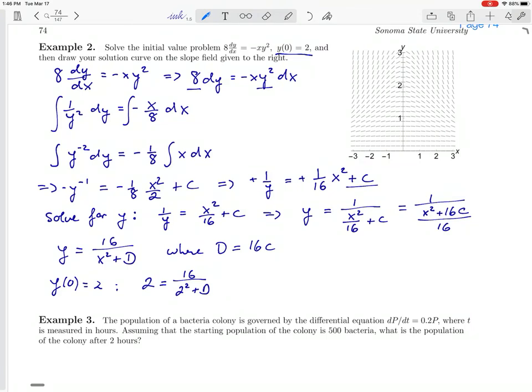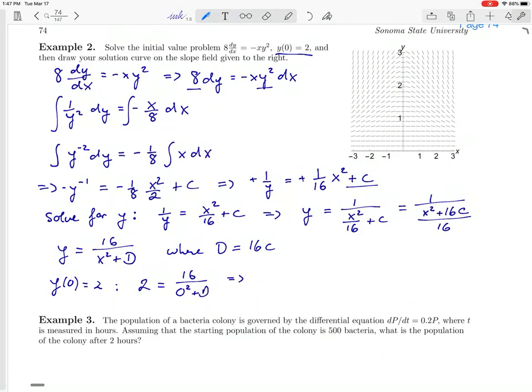No, what am I doing? I have x equal to 0 and y equal to 2. So of course, instead I have 2, that was correct, is equal to 16 divided by 0² + D. That's better.